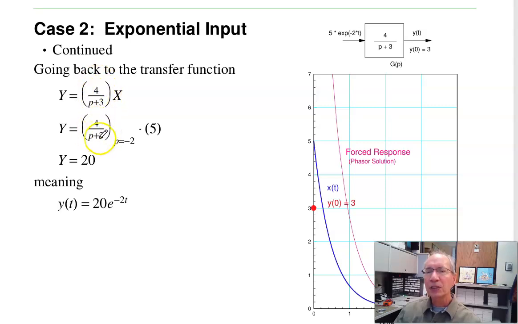All I care about is what's the gain when p is minus 2 times the input at that point, which gives me 20. So here's the forced response, 20 e to the minus 2t. And again, notice this is way easier than what you did back in calculus. This is the gain everywhere. Just analyze at a point times the input at that point gives the amplitude. And this is 20 e to the pt, or e to the minus 2t. That's the forced response.